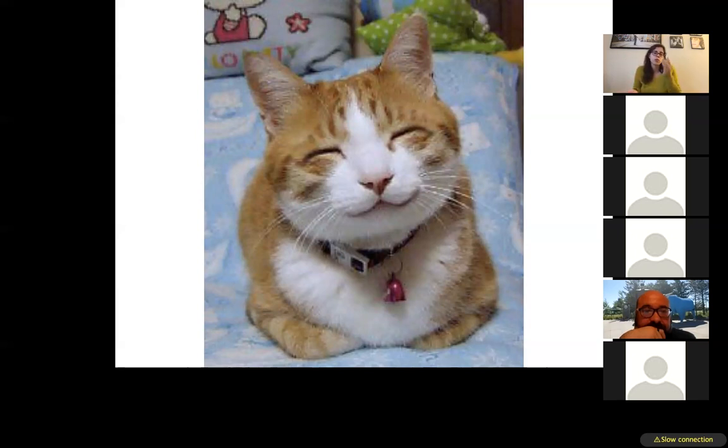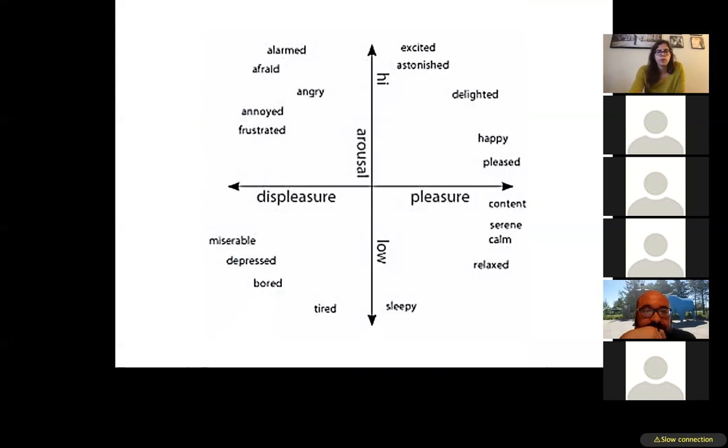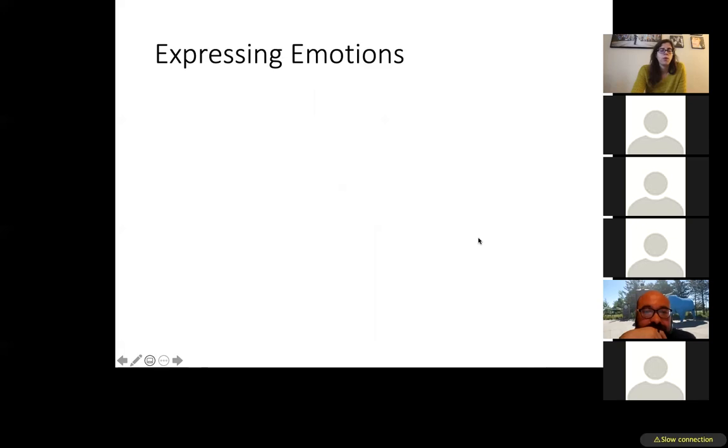And from this picture, it looks like the cat is probably more on the calm side. So if they're feeling this side but low arousal, they're probably feeling something like content or calm. Okay.